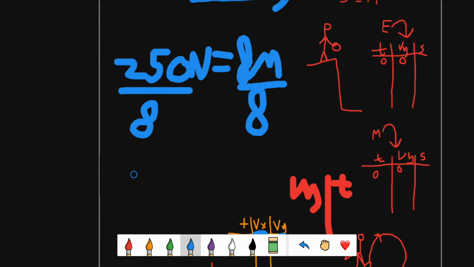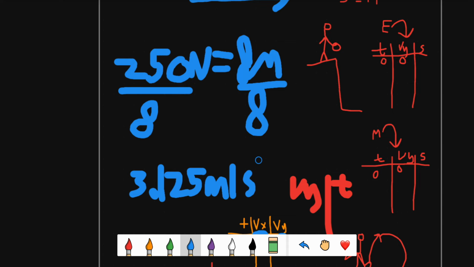I think it's 3.125 meters per second squared. That's the mass, right?